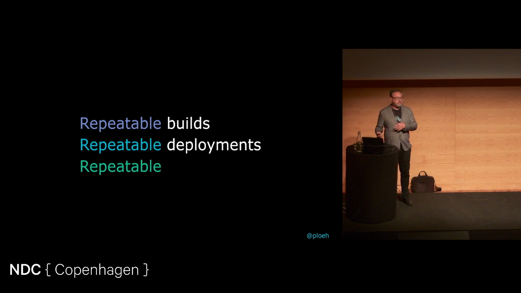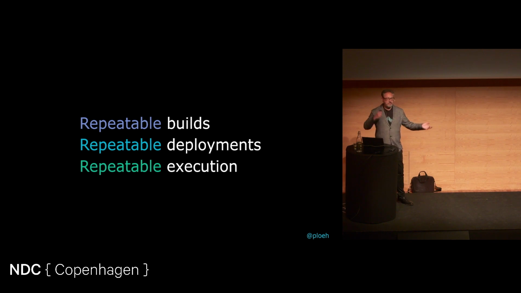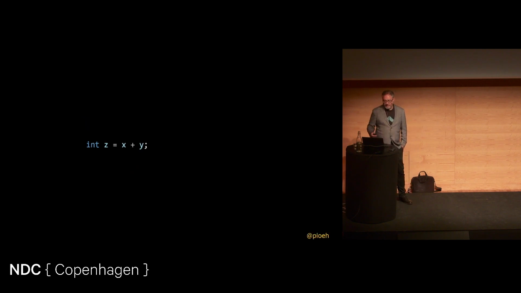What we are going to look at here is something called repeatable execution, which is a term that I just made up. The idea is that we should be able to repeat the execution that happened in production, based on what's in the log, and replay that afterwards. And there's a method to the madness.